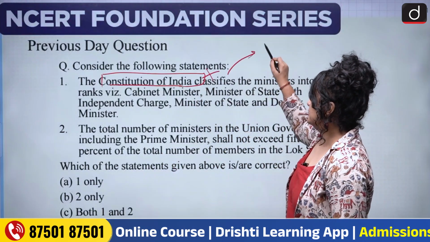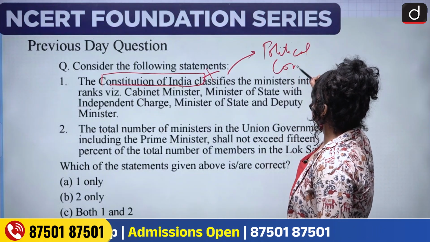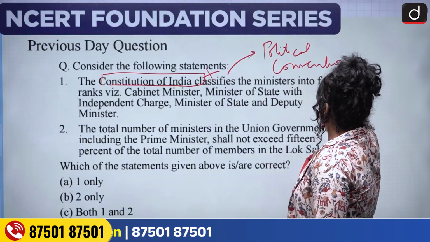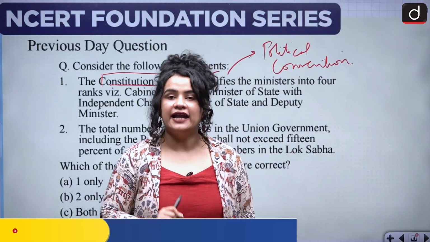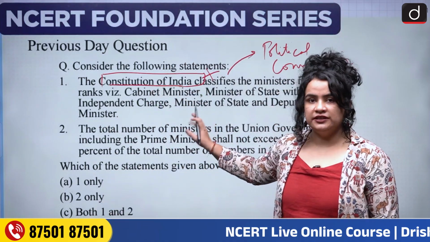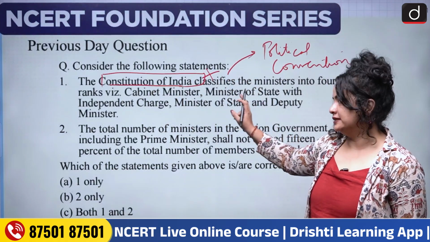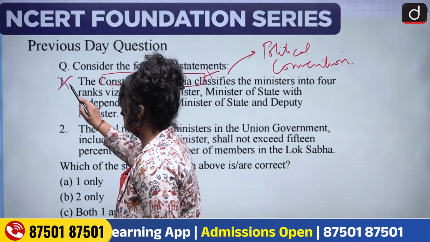Actually, this classification is a matter of political convention. The Constitution of India only talks about the Prime Minister and his Council of Ministers. So this classification is actually a matter of political convention. Please remember that. So this statement becomes wrong.